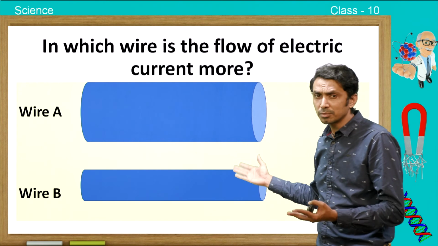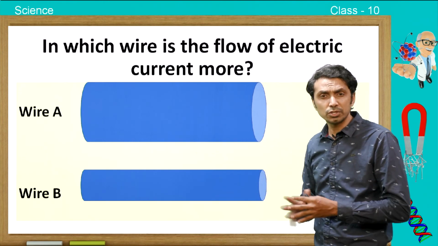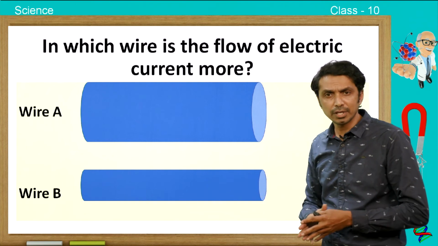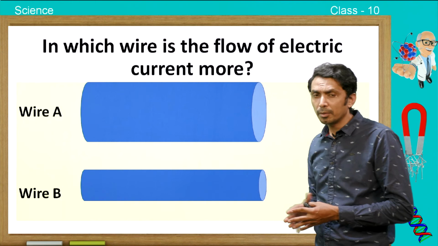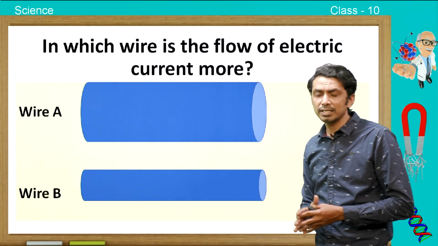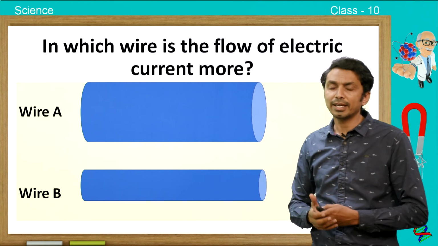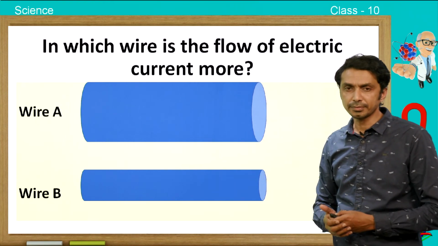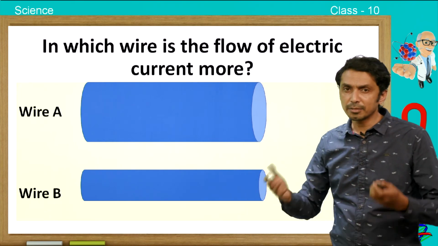It is like a bigger road and a narrow road situation which we face in our daily lives. If the road is narrow, we will have many obstructions to pass through freely. In the same way, it happens inside the conductors for the flow of electrons. So the answer is wire A, the electric current is more.